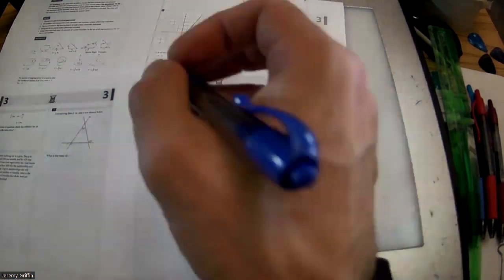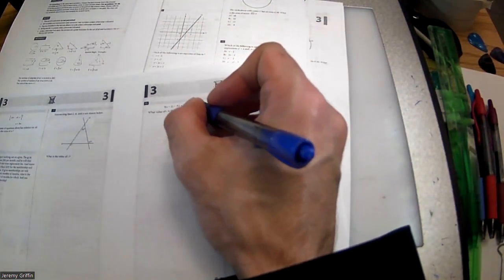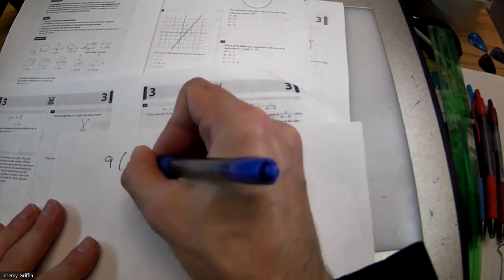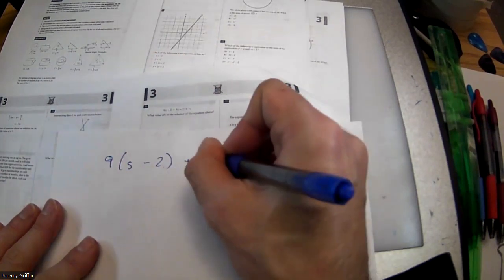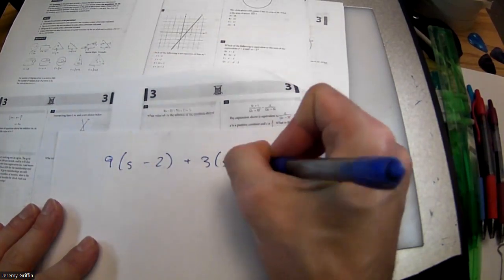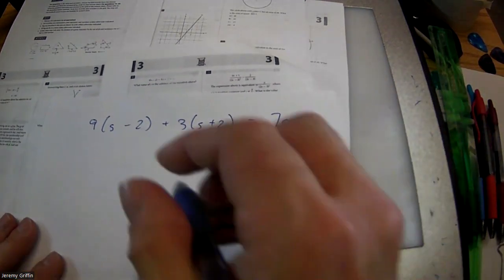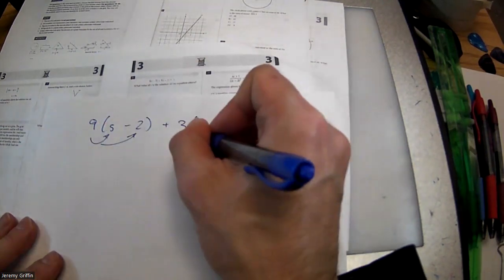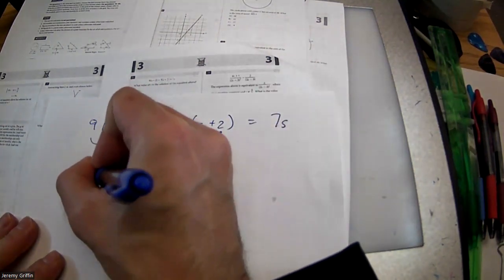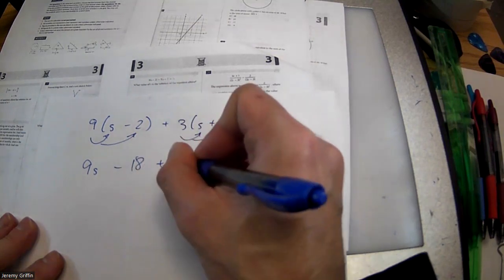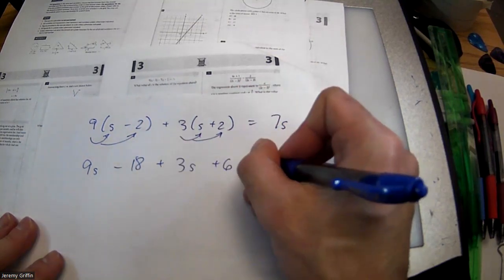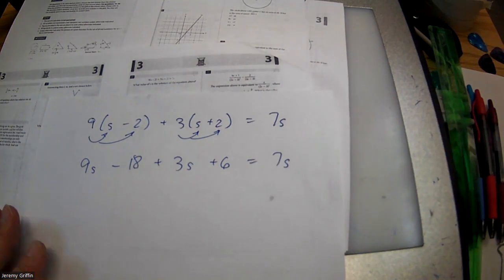Number 19. 9 times s minus 2 plus 3 times s plus 2 is equal to 7s. What is the value of s? So I'm going to distribute. 9s minus 18 plus 3s plus 6 is equal to 7s. Got that?